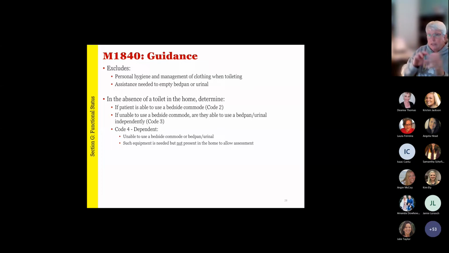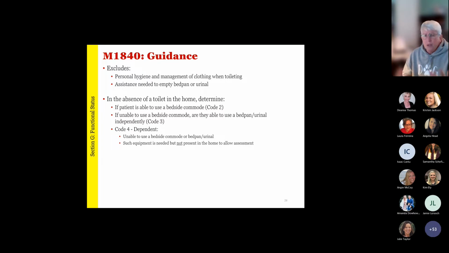They can't assess someone as being able to use a device that is not there in the home, right? If they cannot use a bedside commode, can they use a bedpan or urinal independently? If they can't do that, code 4 dependent might be your only choice here, where they're unable to use that bedside commode or bedpan or urinal, or none of this equipment is in the home that will allow for assessment.